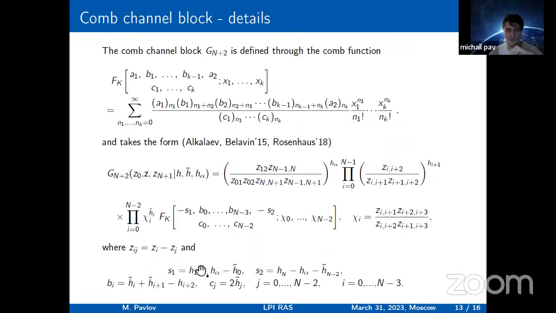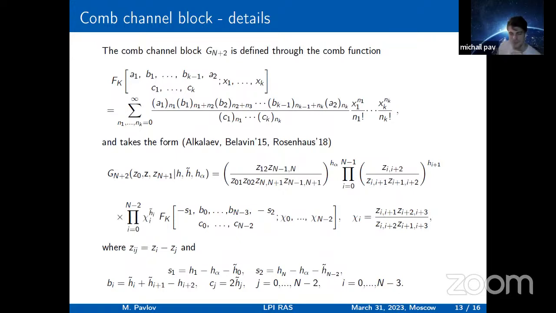So for these parameters S, which I put to be 0, you see that S are given in the pre-last line. You see, if H are negative integers, and for example H1 equals H alpha.